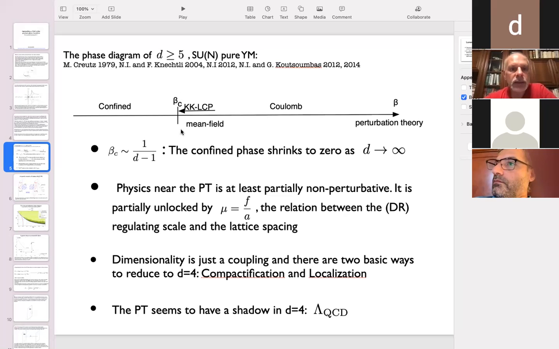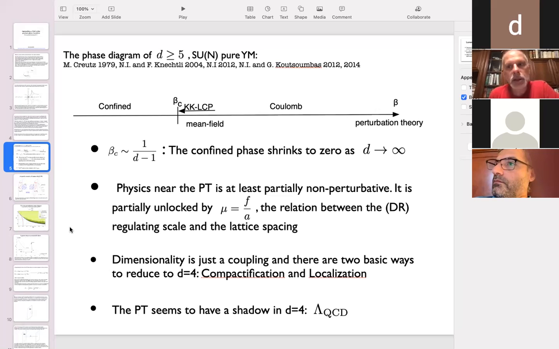Now, if I take this 5-dimensional SU(N) system and compactify one of its dimensions, and start shrinking the compact dimension towards 0, what will happen is that if I take the radius of the circle small enough, the system will start behaving as a 4-dimensional system plus corrections that become smaller and smaller as I shrink the circle to 0. And finally, when I shrink the circle really to 0, it will become a 4-dimensional system.